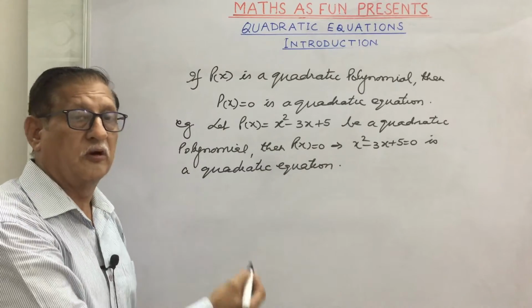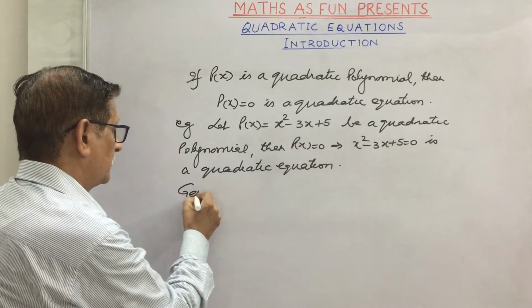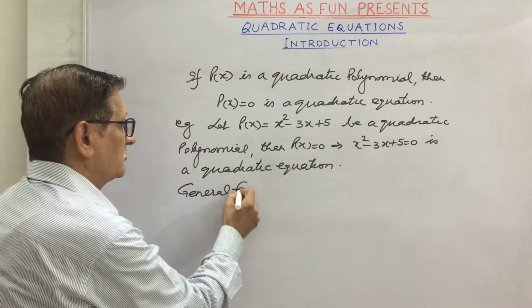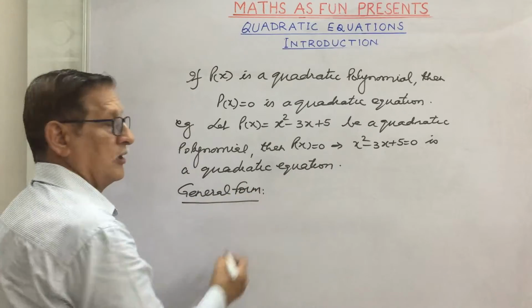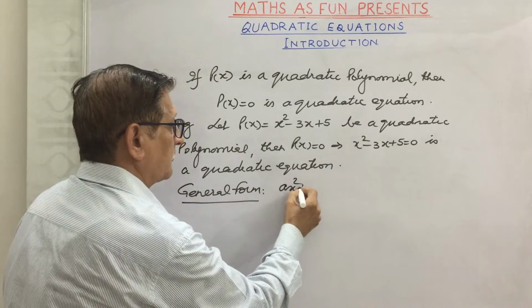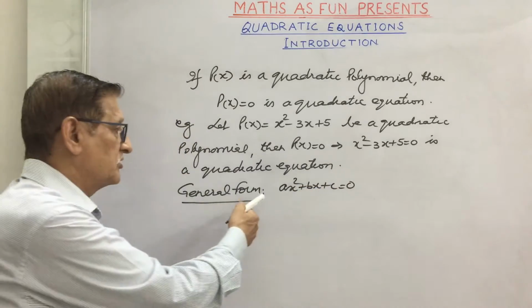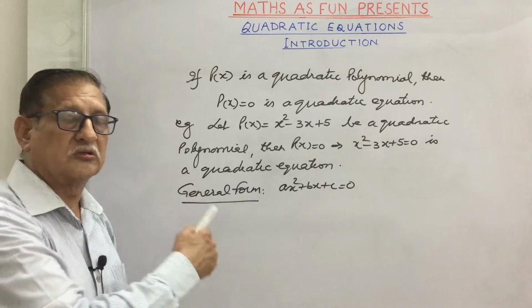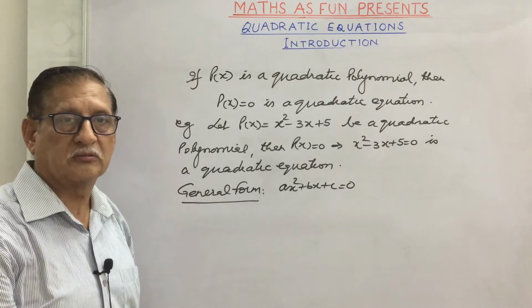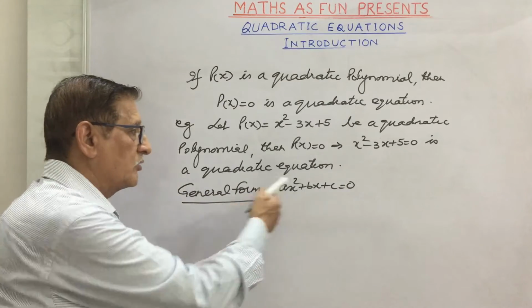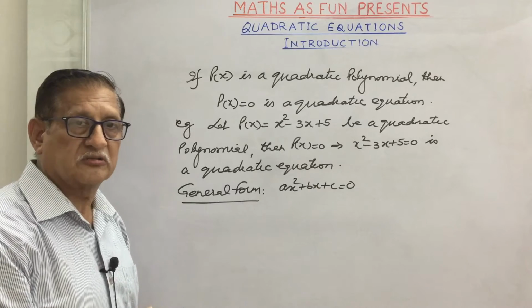Then what is the general form of a quadratic equation? Actually, ax² + bx + c = 0 is said to be the general form of a quadratic equation. a, b, c are known as coefficients.